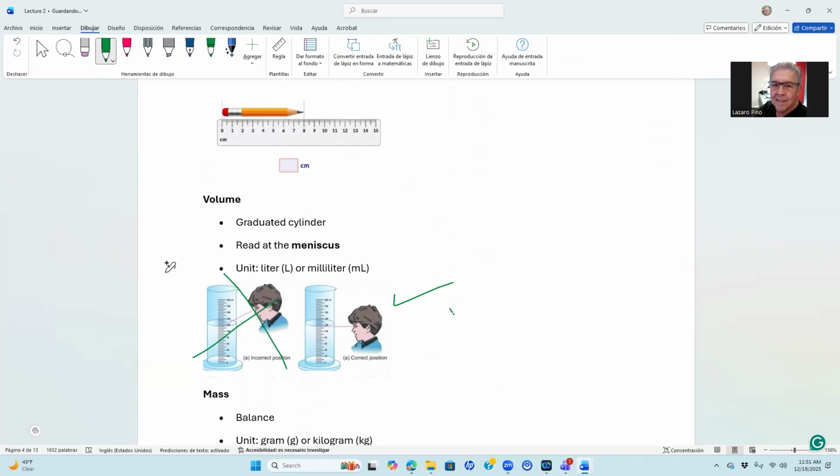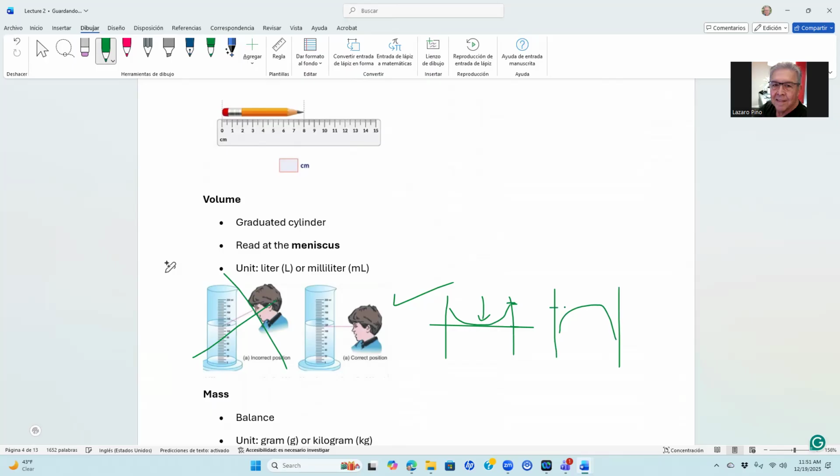And the meniscus sometimes is this way. In this case, you have to read the lower part of the meniscus. Then the reading is this, another one that you make in this place. Sometimes the meniscus is the opposite, is this way.